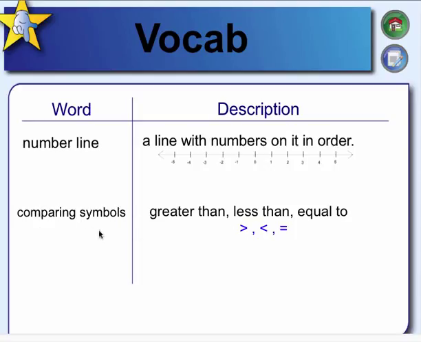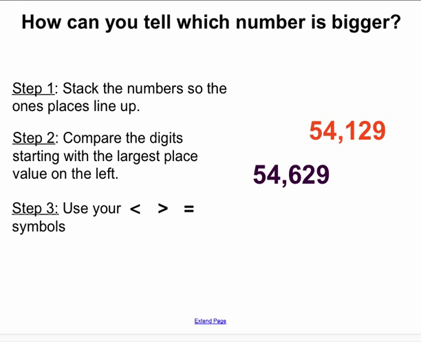We've talked about these before, at least in Mrs. McPhail's class, about how they are alligator mouths. We have greater than, less than, and equal to signs that we use. We've also talked about it in Mrs. Gonzalez's class, but we'll show you another technique too as the video goes on.